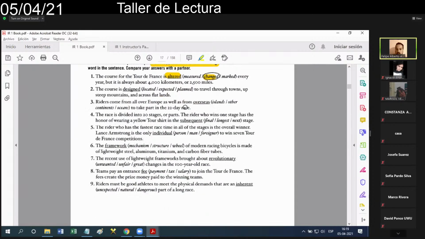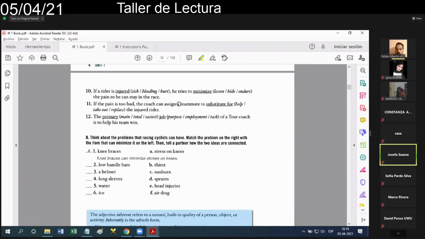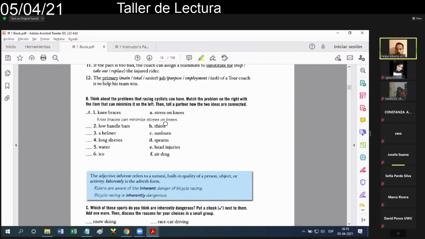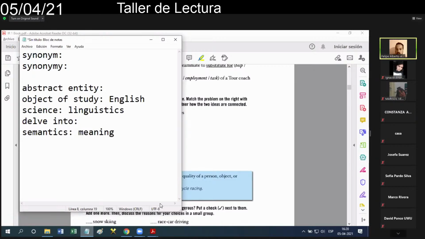Okay, so last class we studied this sort of synonymy exercise in which we had to look for some synonyms for these words. And then we classified these words according to a semantic relation. For those who don't remember, semantics, the field of linguistics, whose concern is to study meaning, the meaning of words.